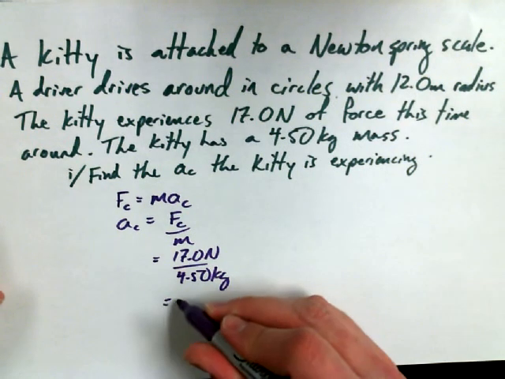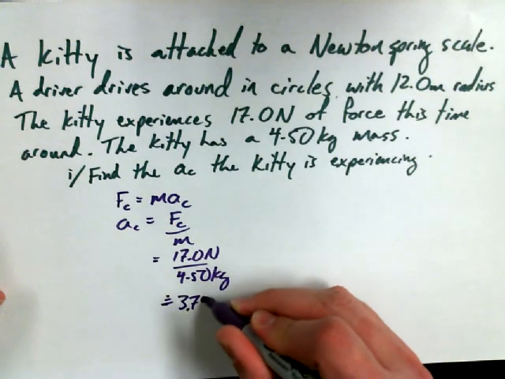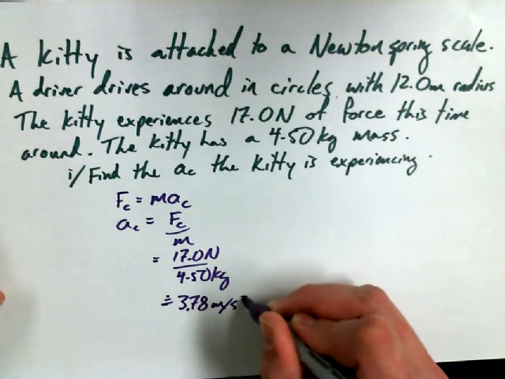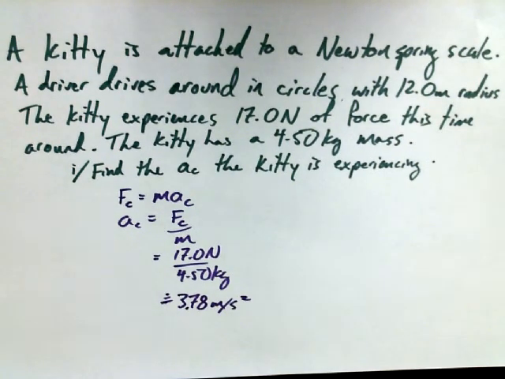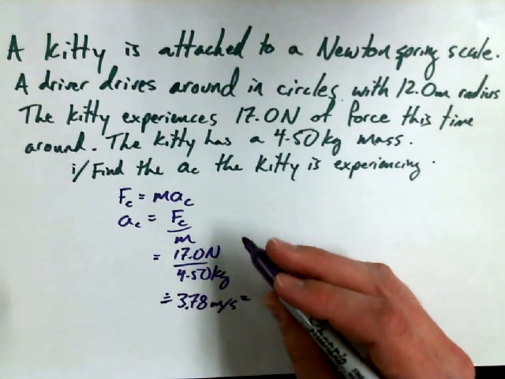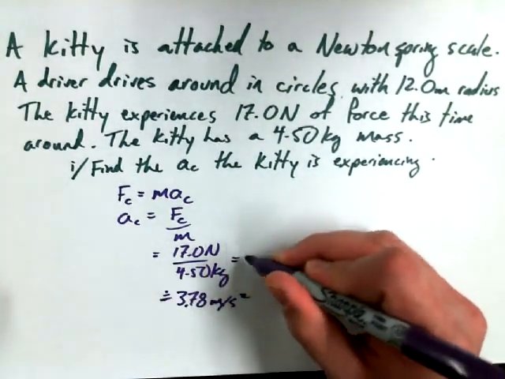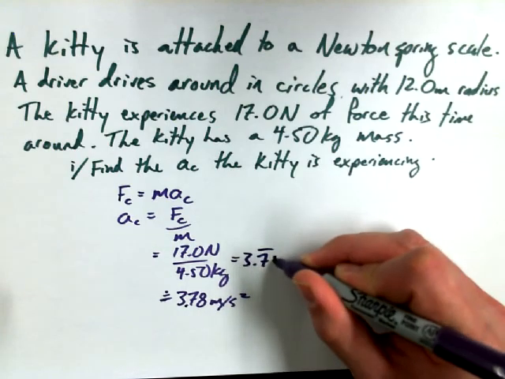Okay. So approximately 3.78 meters per second squared. Did anybody write down the unrounded value? We have a bunch of sevens in that. Oh. 3.7 repeated meters per second squared.